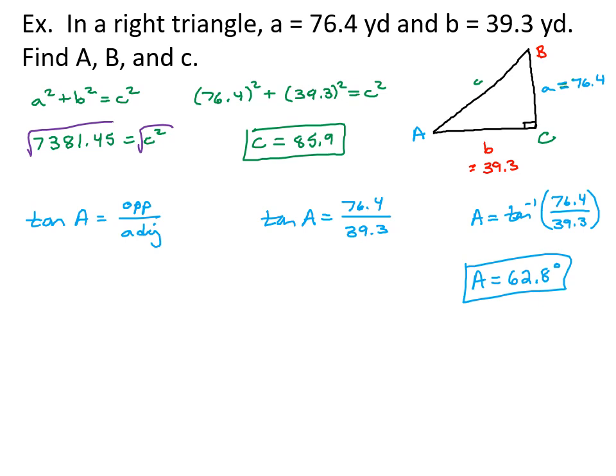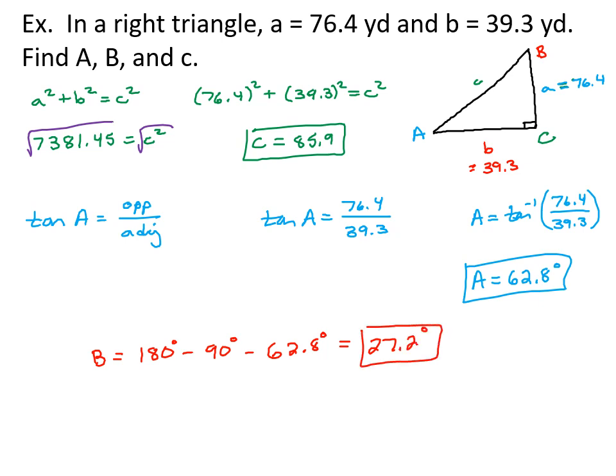And then you could do another trig function to come up with angle B, but you don't have to, because remember, angle B would be 180 minus the 90-degree angle for angle C minus the angle we just came up with. That would be 27.2 degrees.